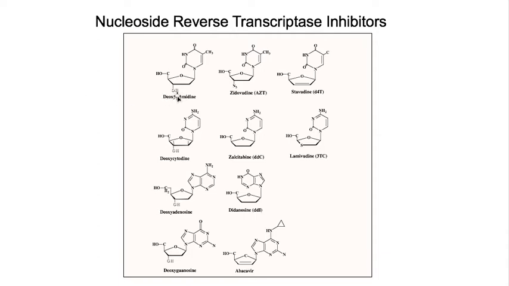And at the 3' hydroxyl site, this is where the next base is added through the linkage, and all of the nucleoside reverse transcriptase inhibitors look like the native nucleoside, but they have either a modification or no 3' hydroxyl, as you can see in each of these structures. The original compound, zidovudine, has the chemical name azidothymidine. The N3 is an azido group, and this is thymidine, so it's azidothymidine, and that's where the abbreviation AZT comes from.